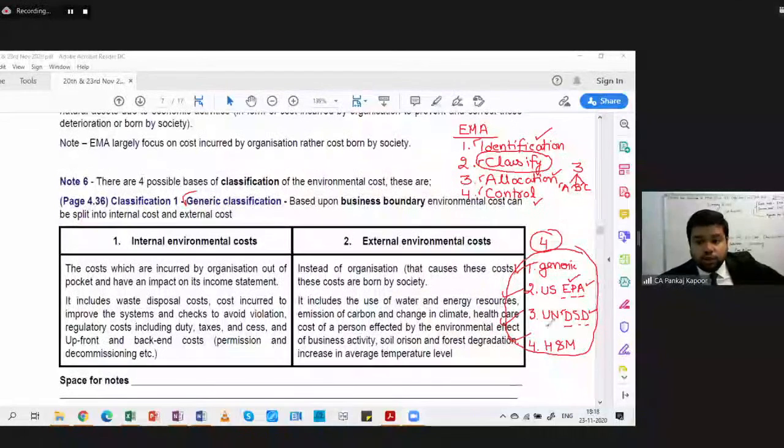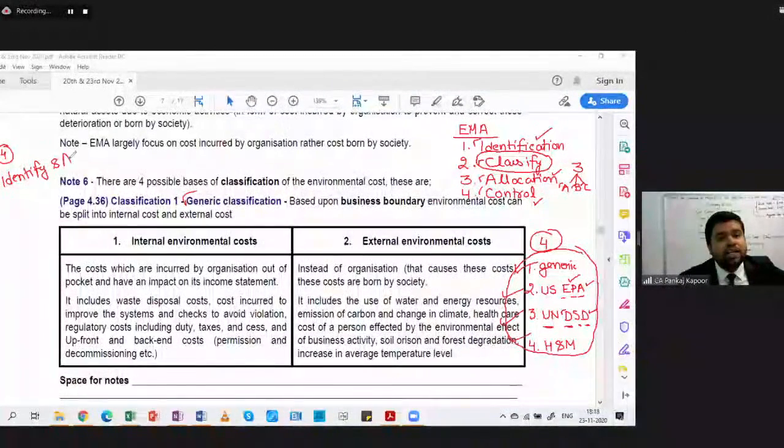Friends, the United Nations Division for Sustainable Development itself provides 4 techniques to identify and allocate environment related cost. There are 2 steps, identification and allocation. What this United Nations body did is they combined these 2 steps.